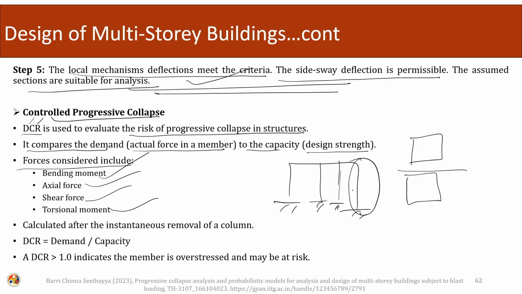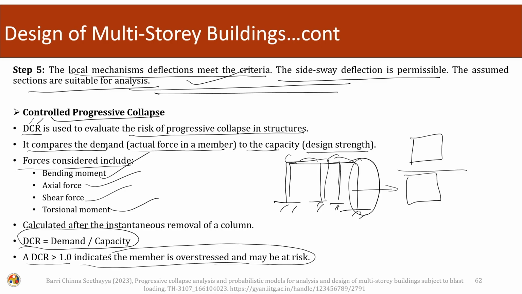Once we remove it, the entire system will be redistributed. After redistribution we can check the demand to capacity ratio, the DCR ratio. A DCR ratio more than 1 indicates that the member is overstretched and may be at risk. Using this philosophy, we can evaluate the controlled progressive collapse mechanism in a given system.